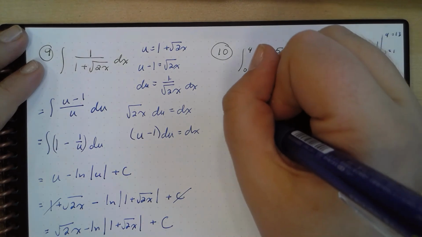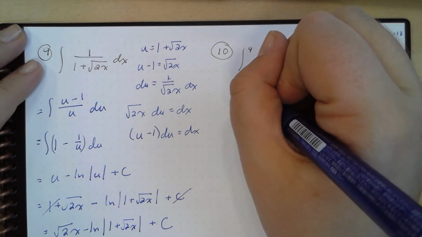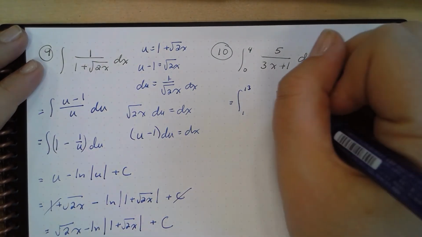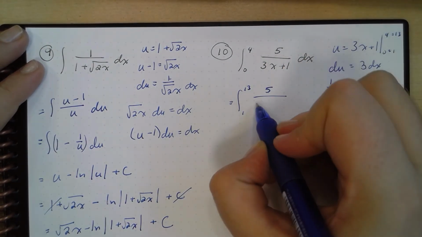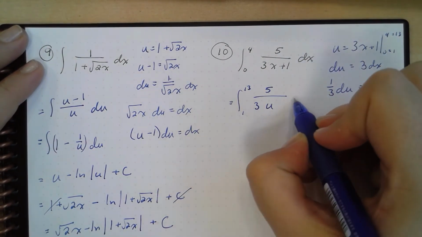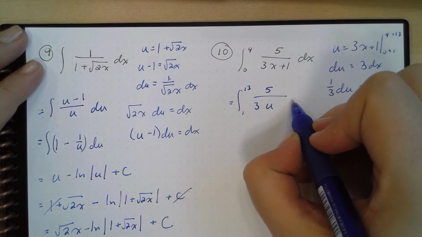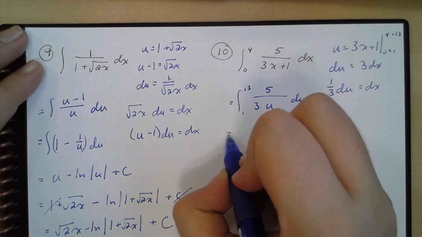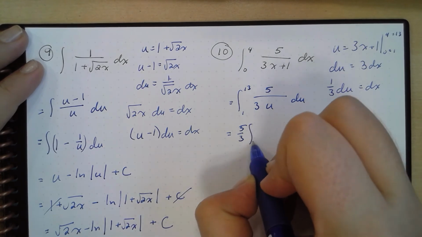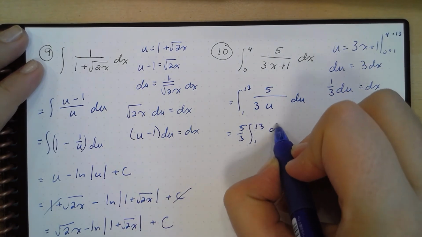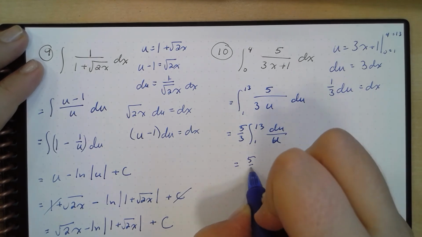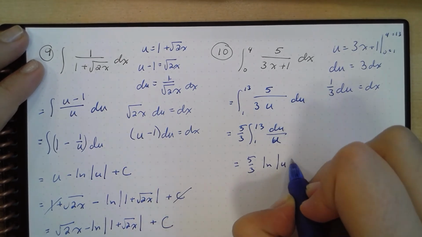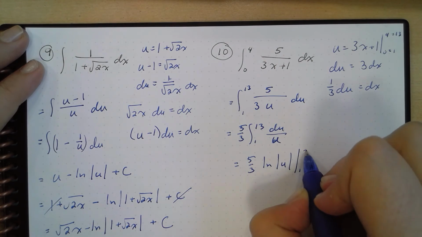from 1 to 13 of 5 over, and I'm going to put this 3 here, 3u du. Okay? So that's equal to 5/3 times the integral from 1 to 13 of du over u. So we've got 5/3 times the natural log of u, evaluated from 1 to 13.